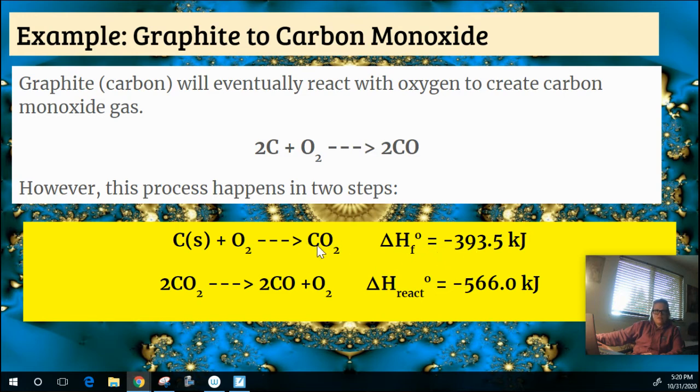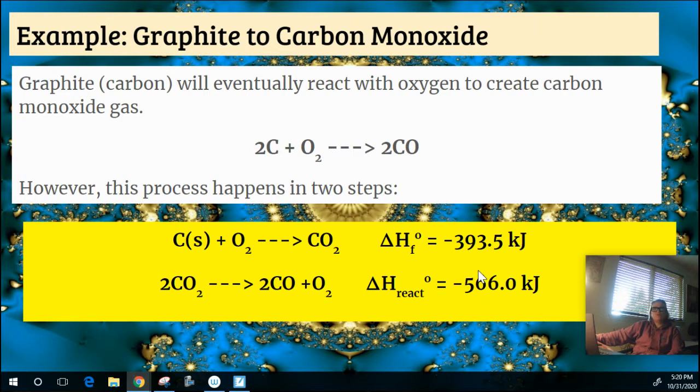And then when I have enough carbon dioxide and I double the quantity here, the carbon dioxide will decompose to make carbon monoxide and oxygen gas again. So when that occurs, the heat of reaction, or how much heat will release when the carbon dioxide decomposes, is negative 566.0 kilojoules worth of energy.